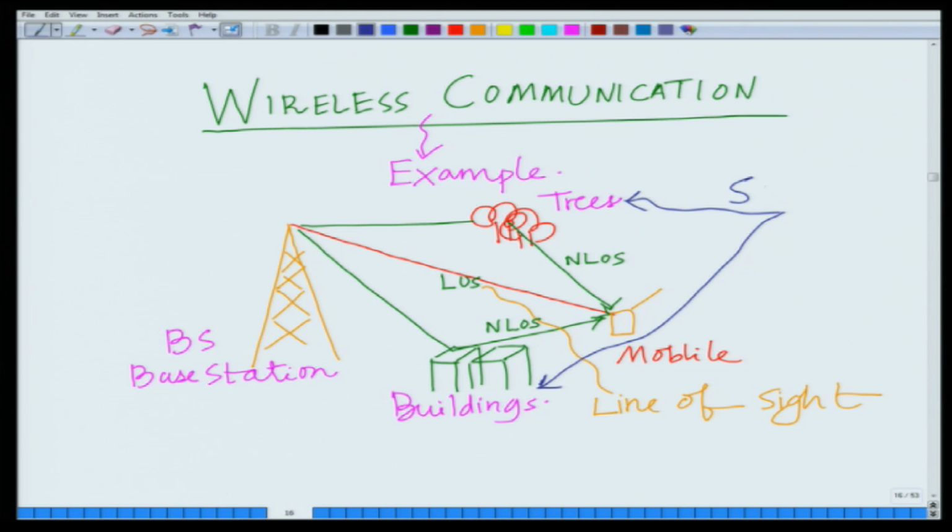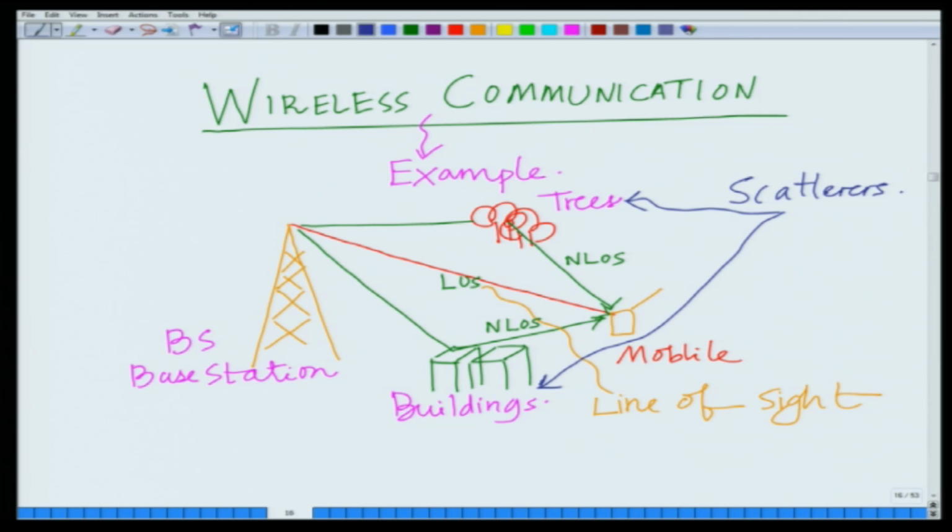These are known as scatterers, which basically scatter the transmitted signal. So, from these scatterers, there are several scattered or reflected signal components, which deflect the transmitted wireless signal, and the deflected signal components also arrive at the mobile.